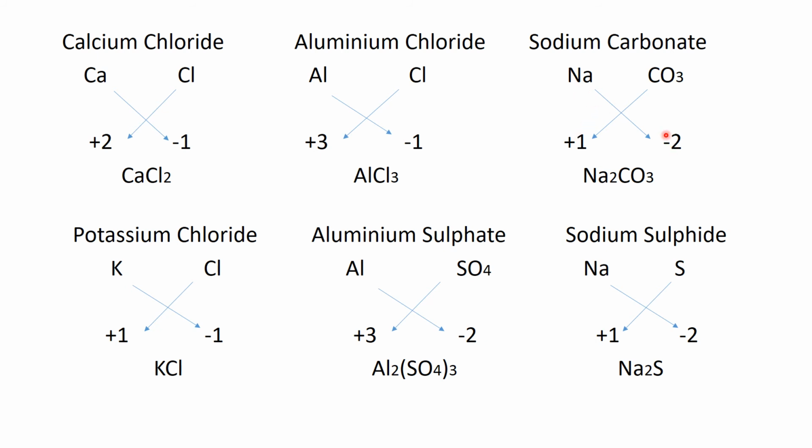Then when you cross the valencies, the formula will be Na2CO3. In this case, you can see the number of atoms present in the compound: 2 atoms of sodium, 1 atom of carbon and 3 atoms of oxygen are present in sodium carbonate.